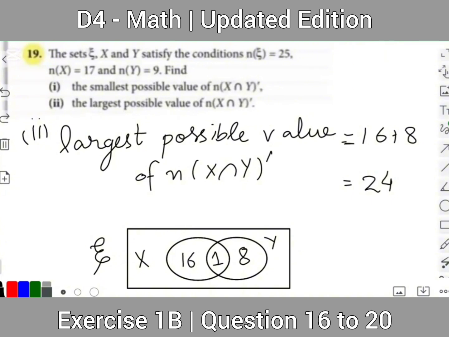We came to know these values from the Venn diagram. So the largest possible value of n of (x intersection y) whole complement is equal to 24.